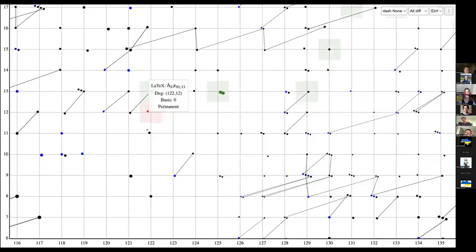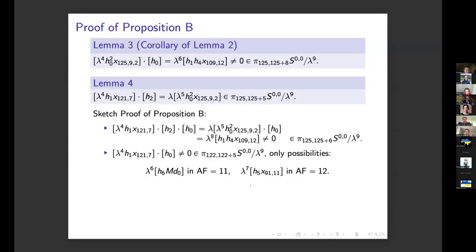One thing to note is that both of these two dots are permanent cycles, and they are not hit by any differential. So they actually live in the synthetic sphere. They're lambda free. So therefore, for either one of them, when I multiply by h2 it gives me this element, and this relation holds in the sphere, not just in lambda mod lambda to the 9.